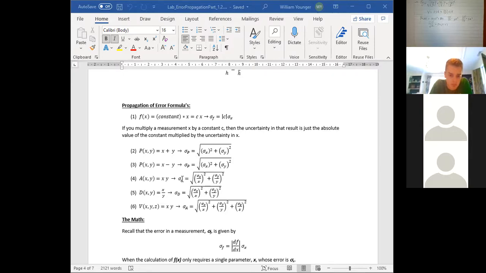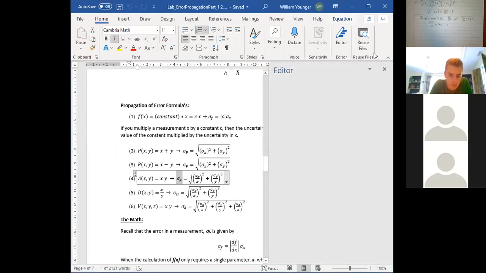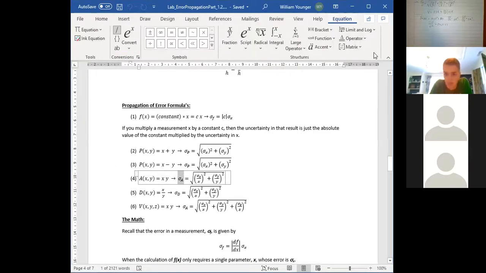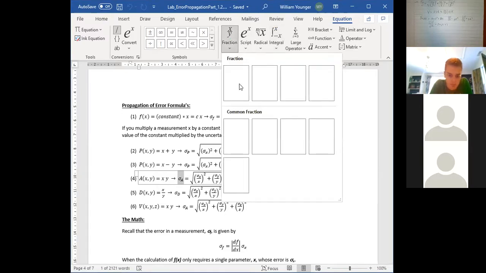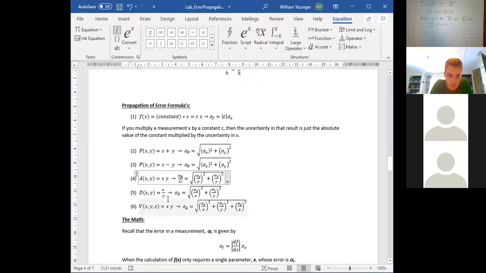Oops. So I am going to, not that. I just found an error. I'm going to put a big fraction right here. Type in an A there. That was a boo-boo. And I am going to do the same thing here.